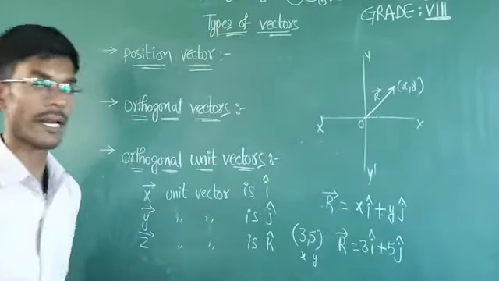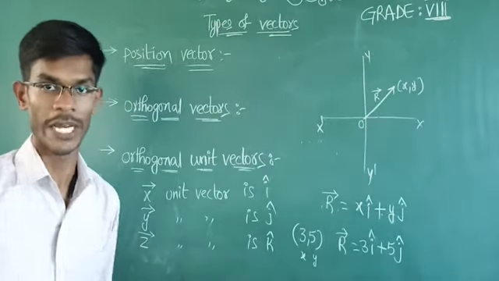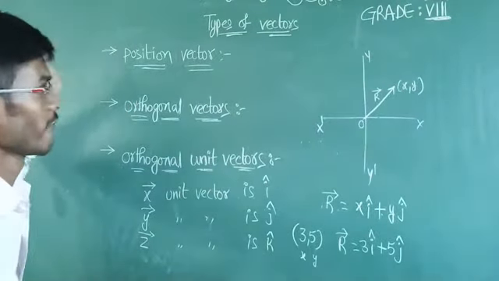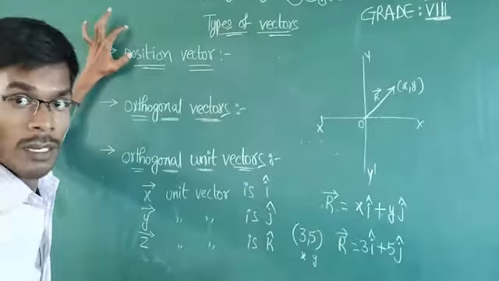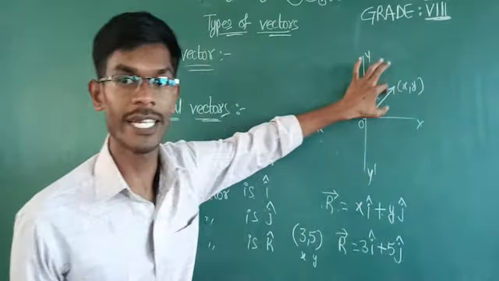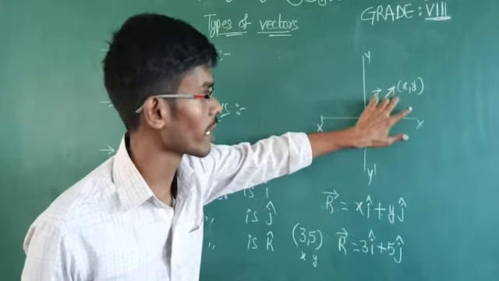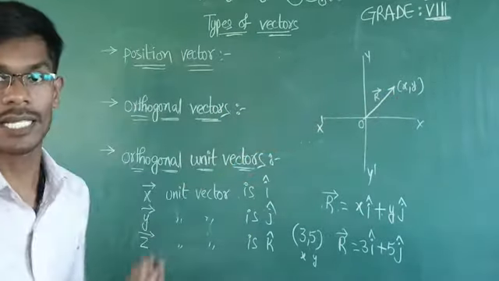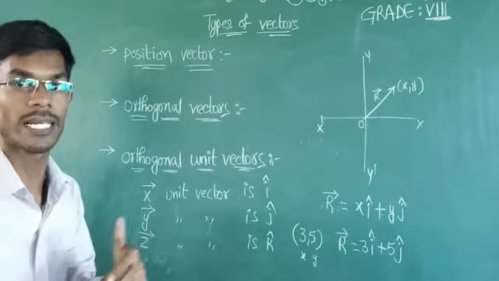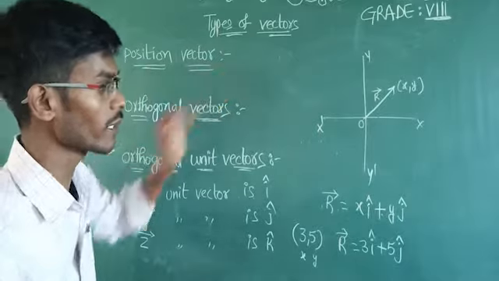This is the representation of a vector whenever they have given a particular point. Here the position vector, to check the position of an object with respect to a fixed point, we will represent in terms of the Cartesian coordinate system to find the position vector.